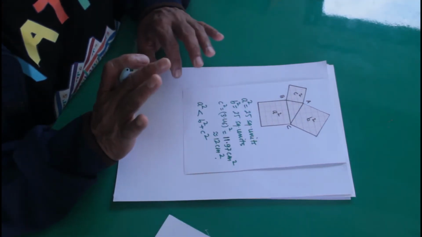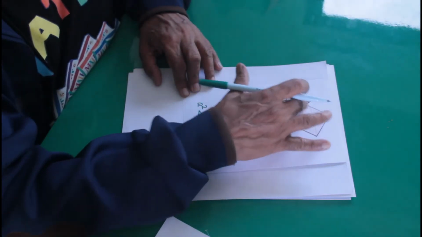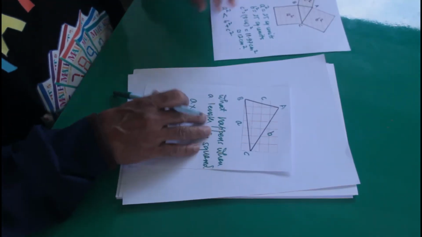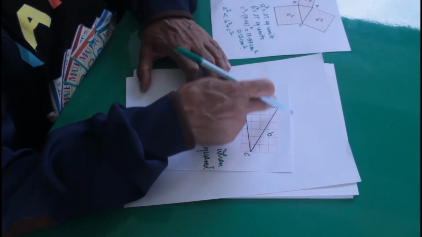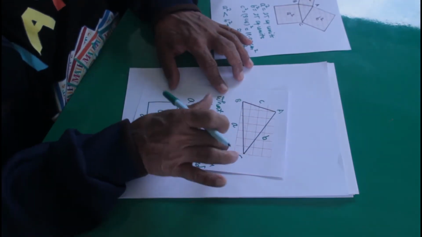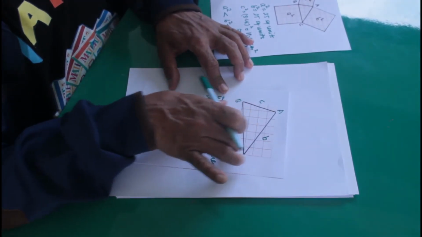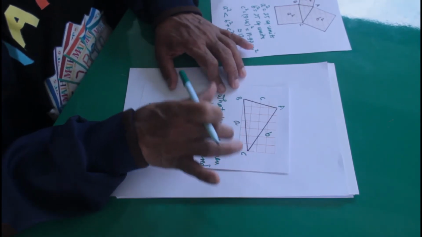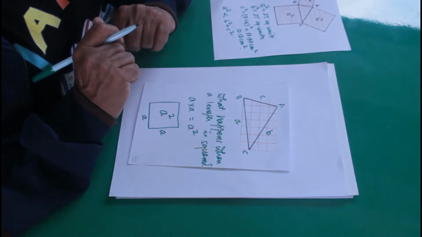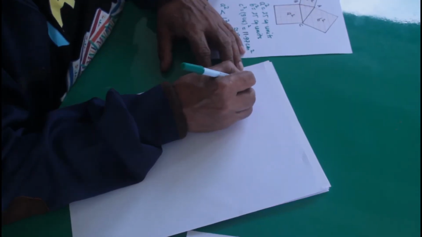Likewise, b square is also the same. If it is a triangle having each angle less than 90 degree, an acute angle triangle, then the square on the longest side has the area smaller than the sum of the squares on the other two sides. Okay, we have the conclusion here.